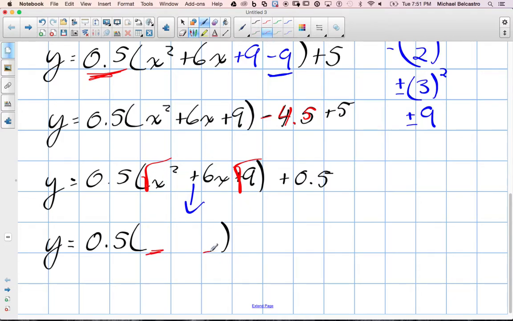The square root of the last term is your second term in the bracket. And the operation in the middle is whatever's there. If it's negative, it'd be negative. If it's positive, we bring a positive. So the square root of x squared is just x, so we put an x here. The square root of 9 is just 3, so we put a 3 here. We need to put a squared outside this bracket. And then plus our 0.5.